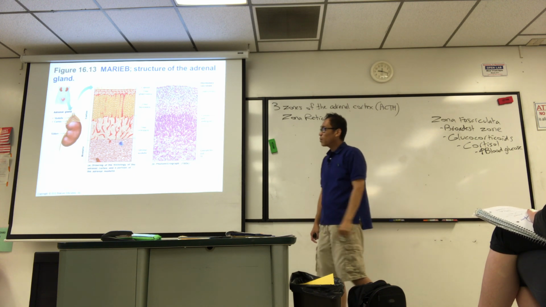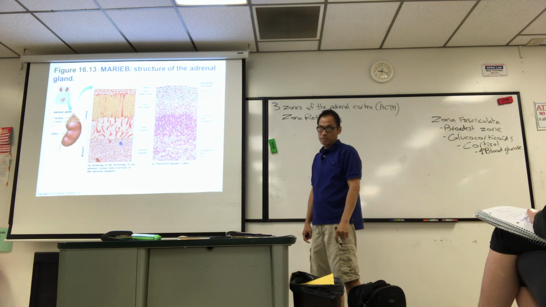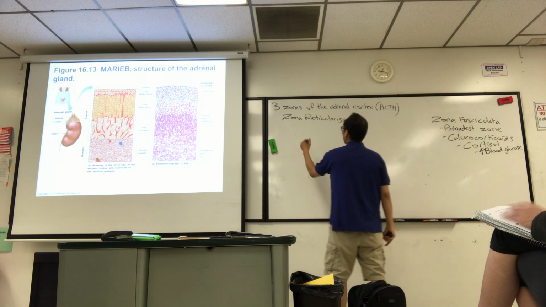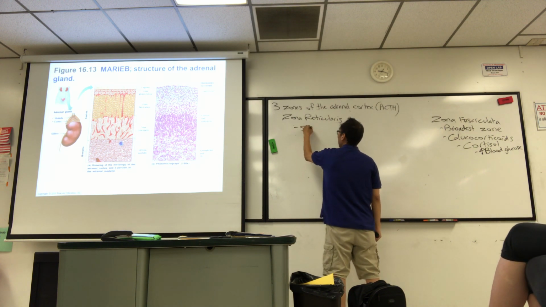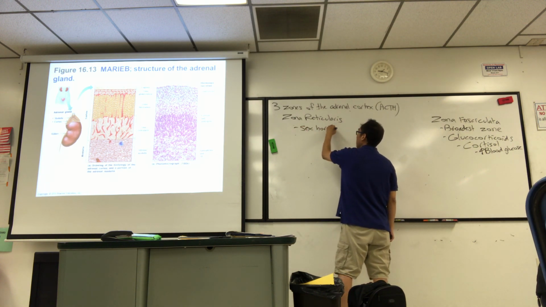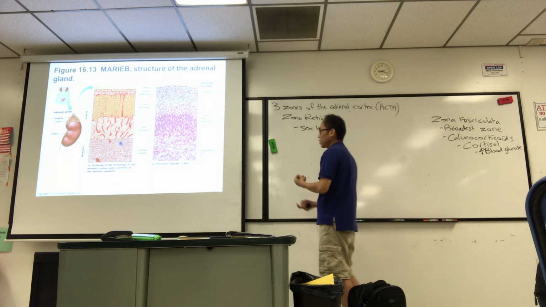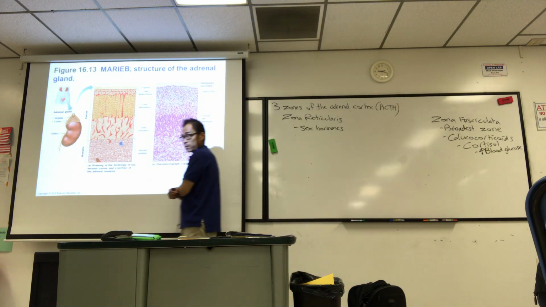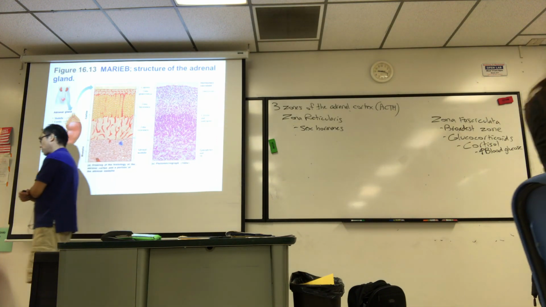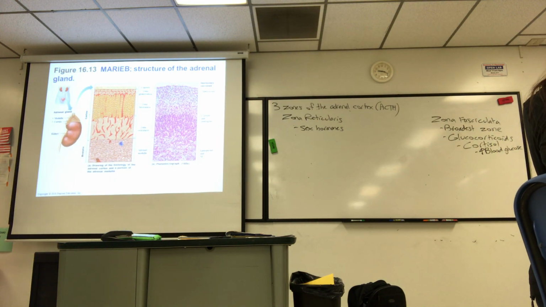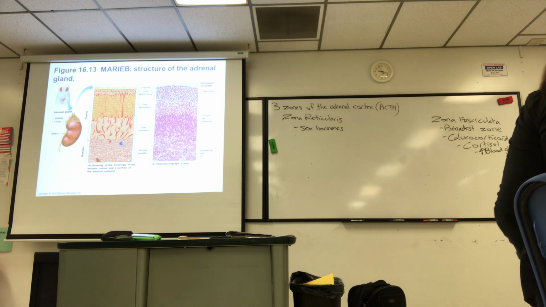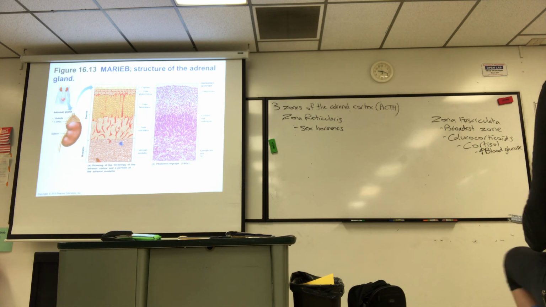It's responsible for releasing sex hormones, the function of which is not well understood. The main source of sex hormones are the gonads, not the adrenal cortex. But they're there. Some people think they may help initiate, kick off puberty. Just know that that zone is there and they secrete sex hormones.